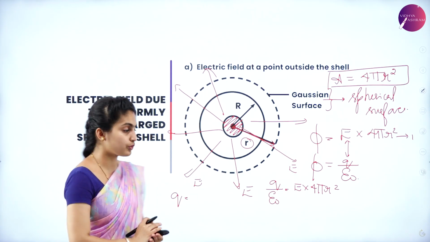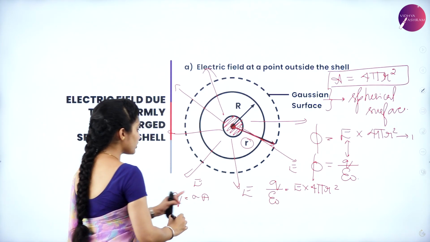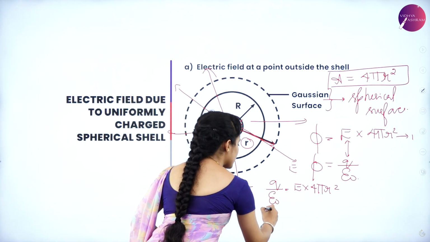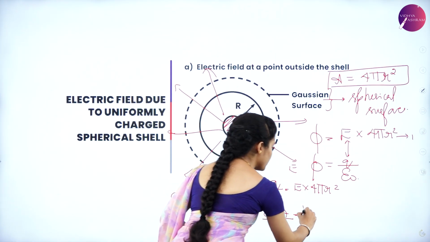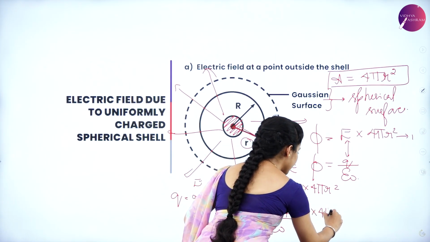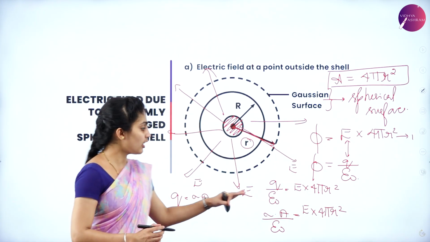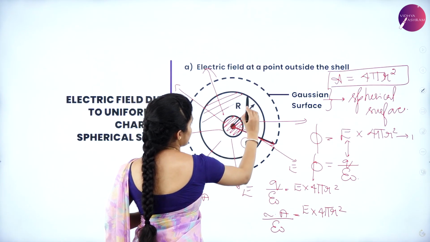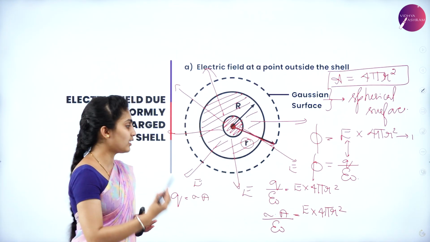So Q is equal to sigma into A, surface charge density. So sigma into A by epsilon naught is equal to E into 4 pi r square. What is the area for the shell of radius capital R? It becomes 4 pi capital R square.